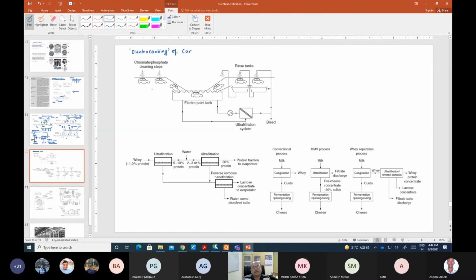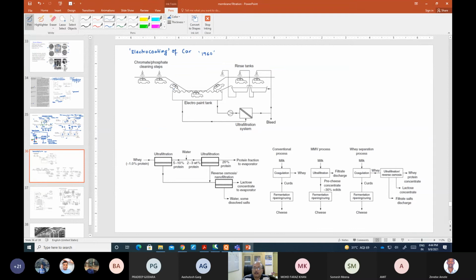This process actually evolved in 1960 at General Motors, and then it was widely accepted and used all over the world. They had this problem about wastewater.